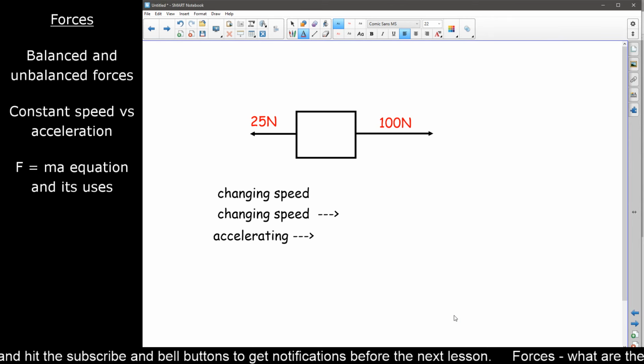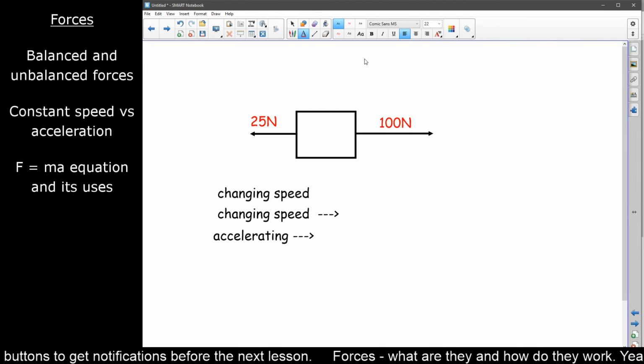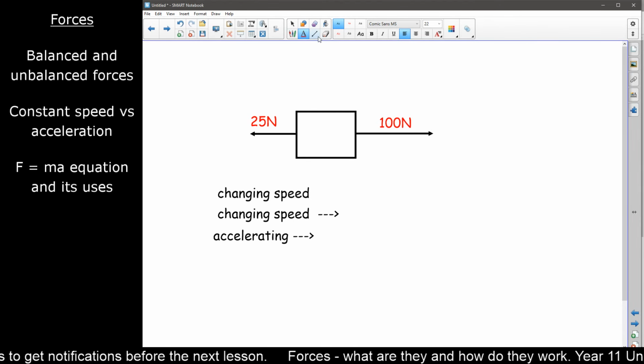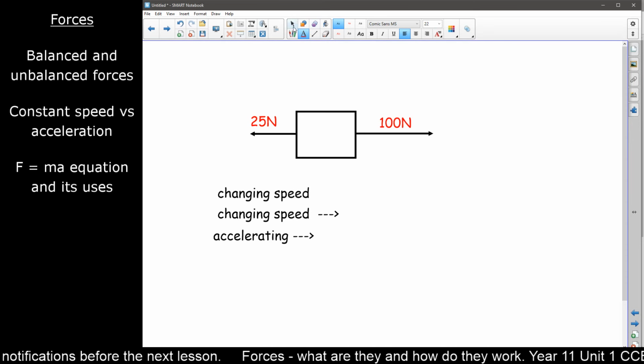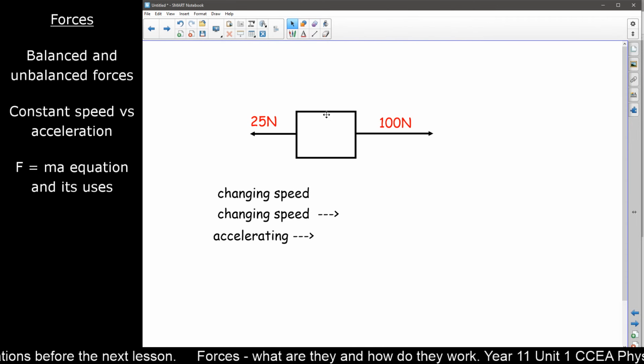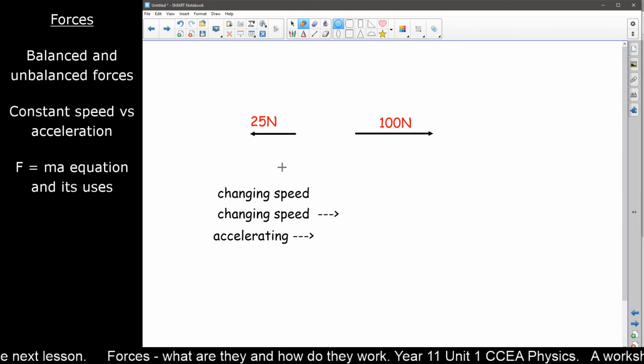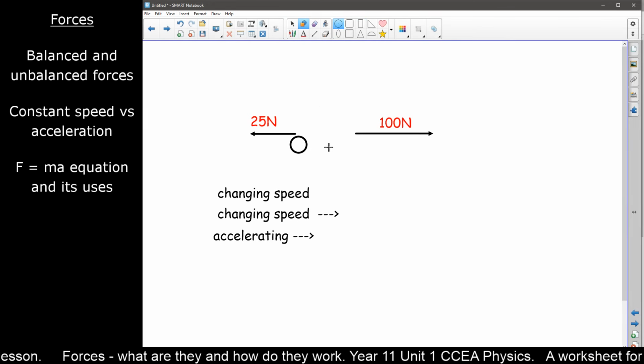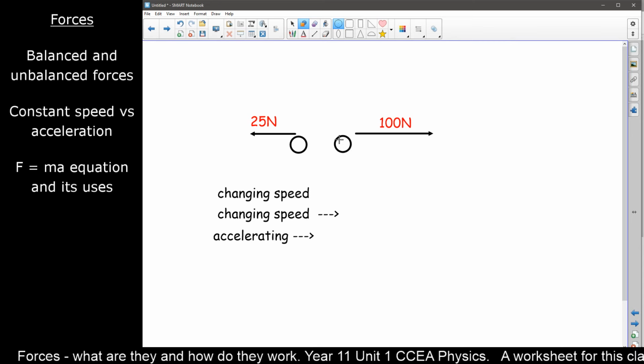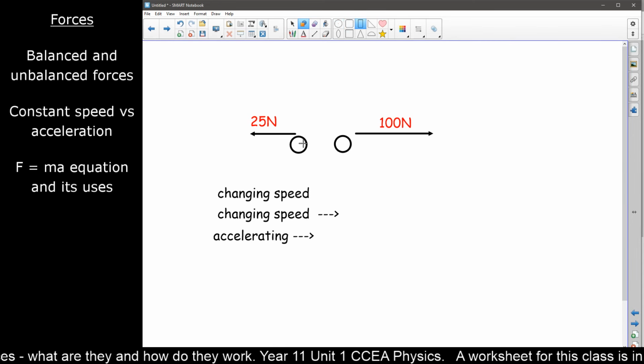There's a massive temptation to say that this object is moving to the right. A huge temptation to say that. It just looks like it in the diagram. But that's not actually true, because what if I change this, and I'm going to try some really dodgy art at the moment. Let's try and give it a couple of wheels. It's one of those moments where you go, can you tell what it is yet?